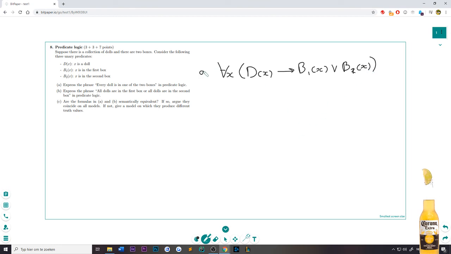That's A. Does this make sense? Every doll is in one of the two boxes. For all elements x, if x is a doll, then it's in box 1 or it's in box 2. And you can even write this with exclusive OR if you wish to, but writing it with just an OR is also fine.